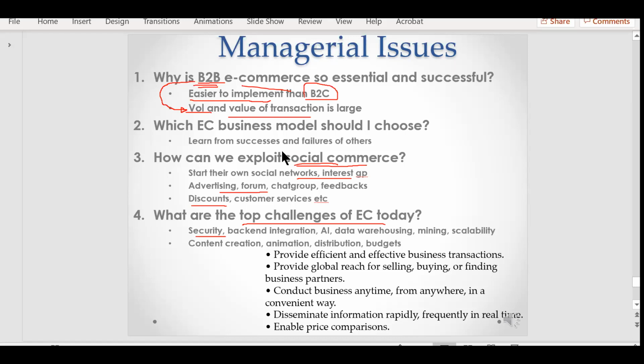Of course, you should learn from all the various business models, their success stories as well as their failures, okay, so that you can understand better. So usually not just one business model might suit you. You might also need to leverage on different business models and choose the better one, okay, that can apply into your own business model, okay.